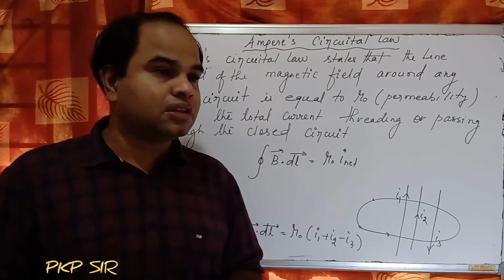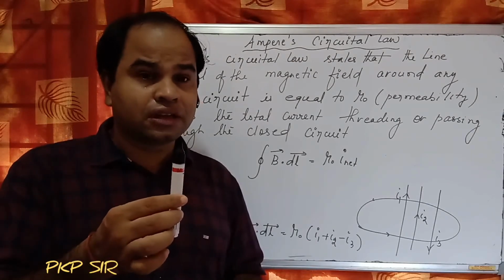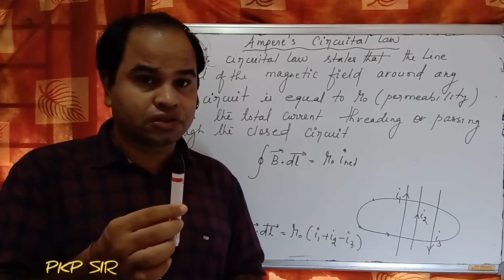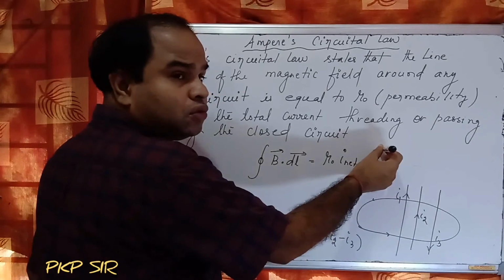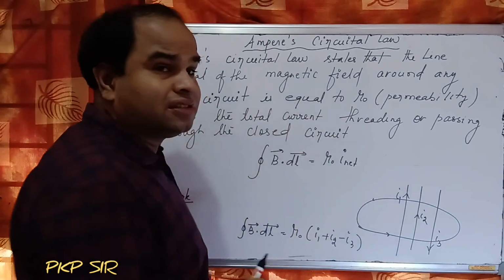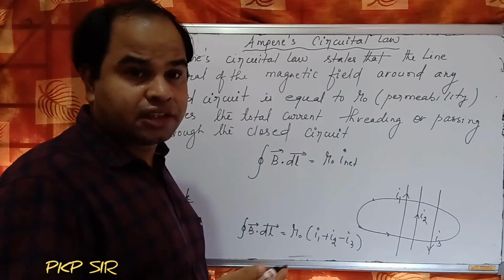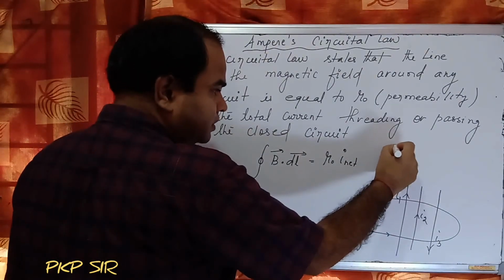The first assumption is if the current flowing in the conductor is in upward direction, or if the current is out of the plane of paper, it is taken positive. Out of the plane of the paper is represented by a dot.